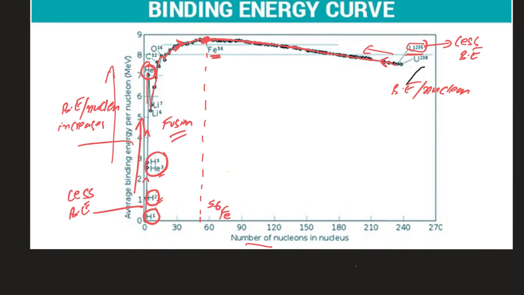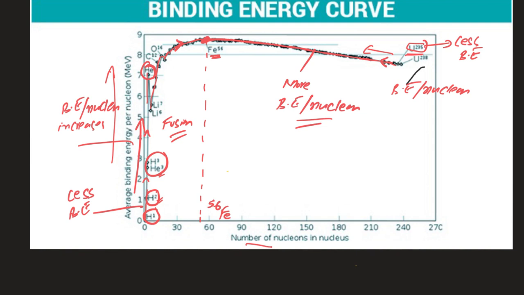So here is less binding energy and here more binding energy per nucleon, and I explained earlier that the binding energy per nucleon of barium and krypton is greater than the binding energy per nucleon of uranium 235.